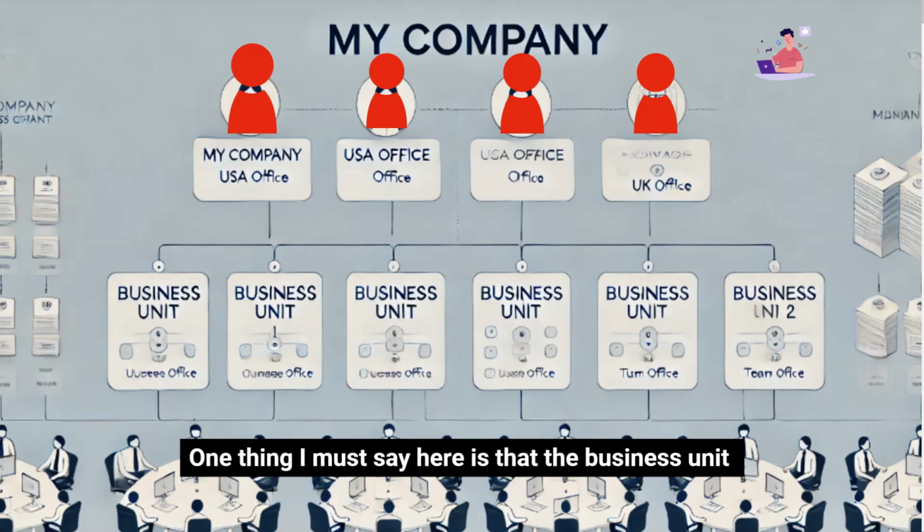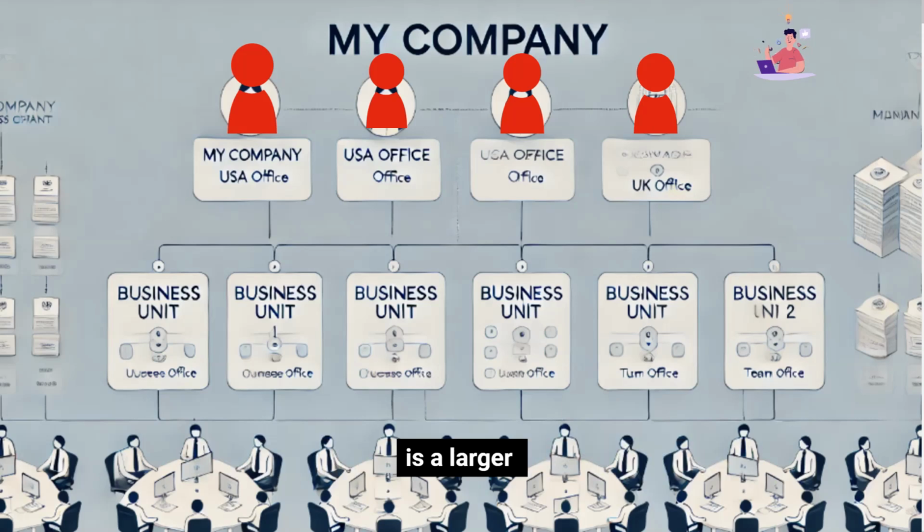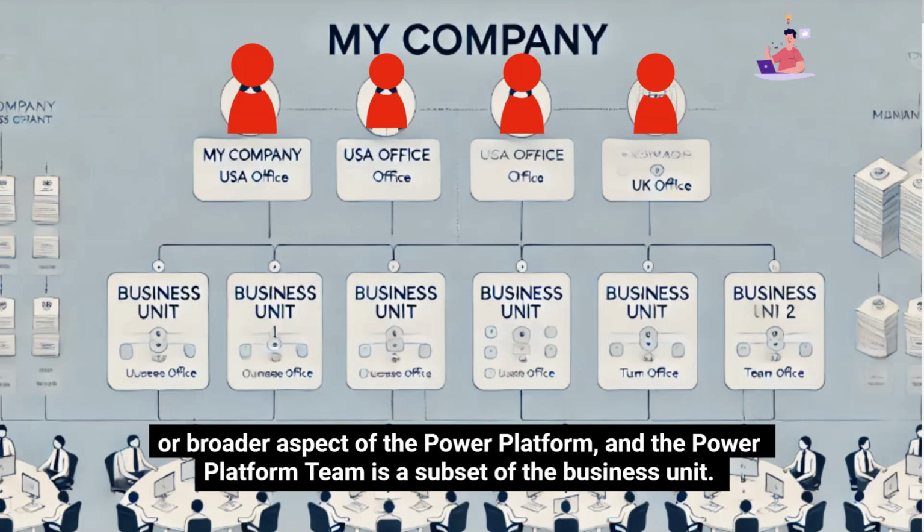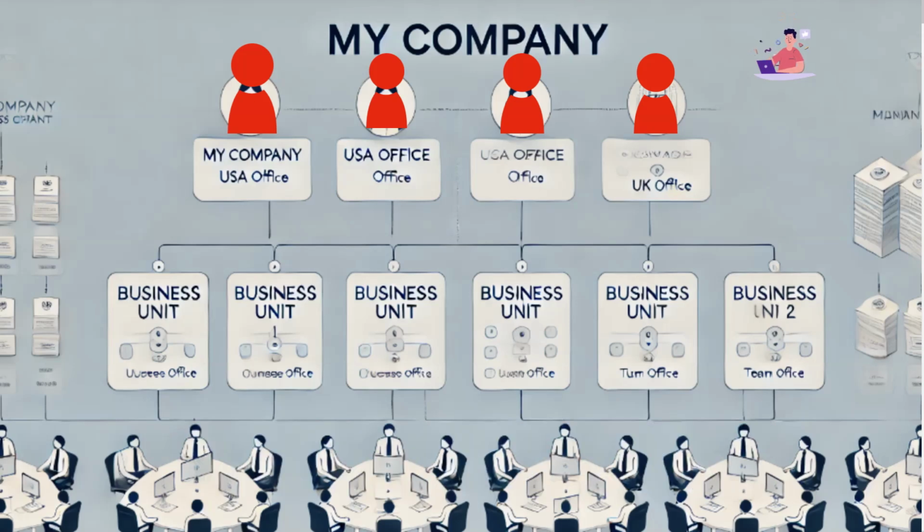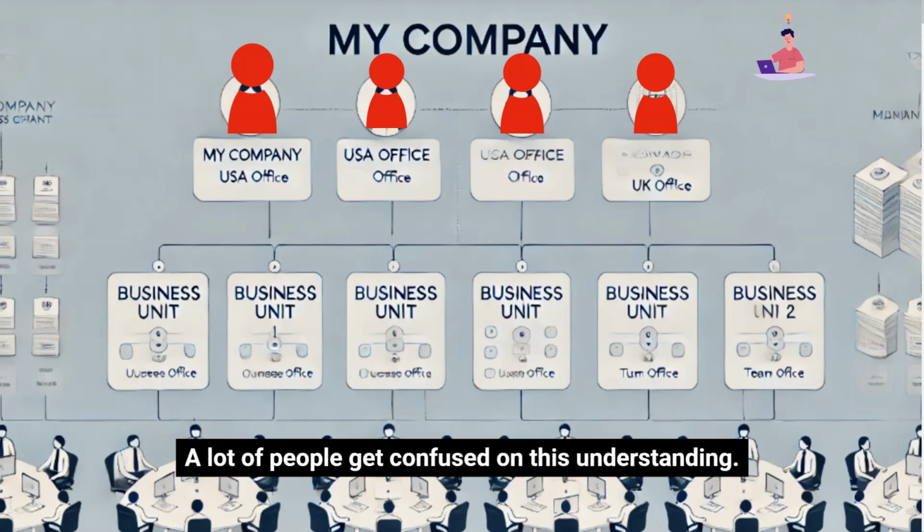One thing I must say here is that the business unit is a larger or broader aspect of the Power Platform, and the Power Platform team is a subset of the business unit. A lot of people get confused on this understanding. Let's hope this understanding is clear now to all of us. Have a look at the screen for better understanding.